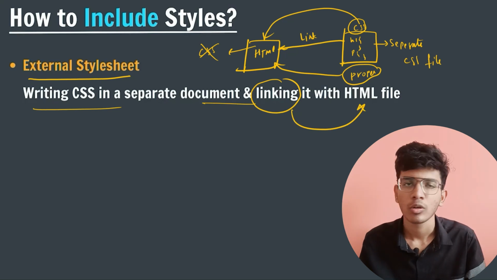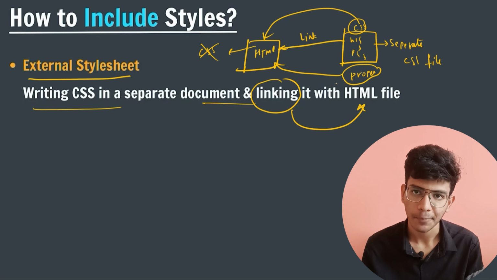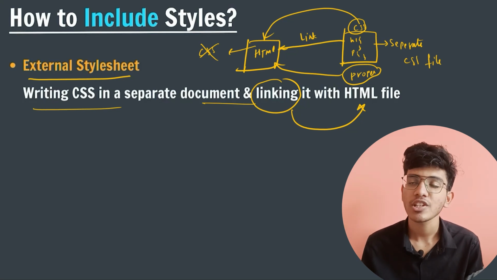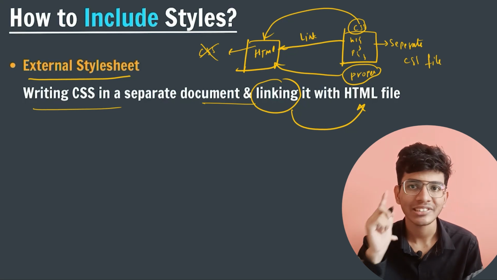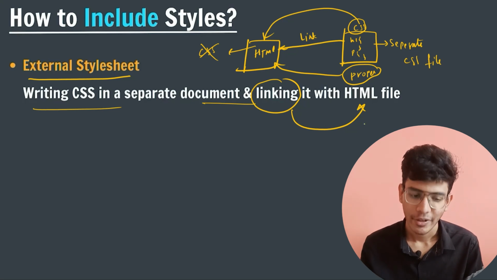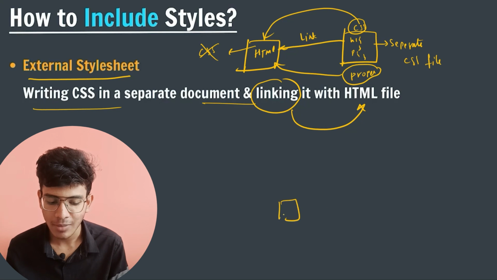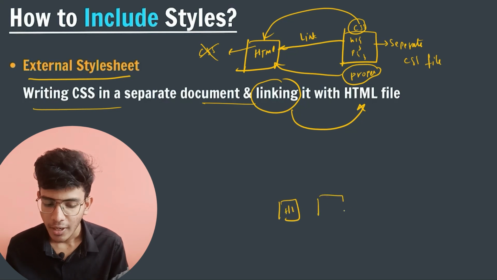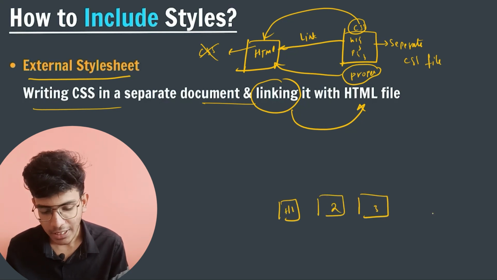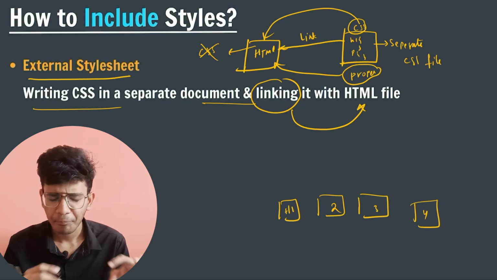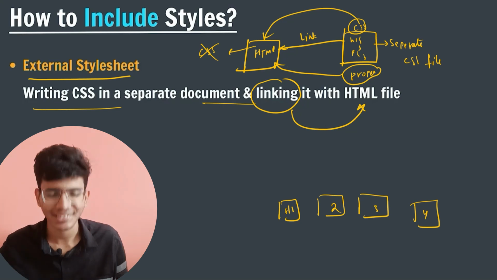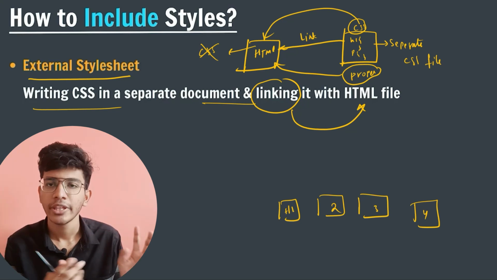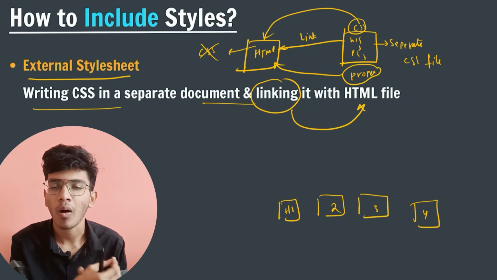Now you might ask, oh Jabir, why is this efficient? This is efficient because in real time we will not have a single HTML document, right? Let's say I am having HTML document 1, document 2, document 3, and document 4. And if you observe big companies like Google, Tesla, Apple, they follow a theme for all the pages.